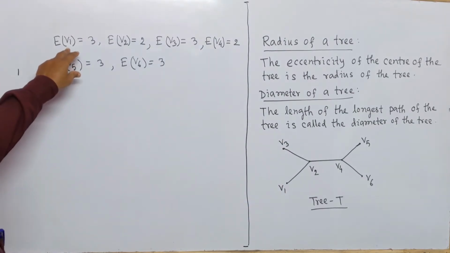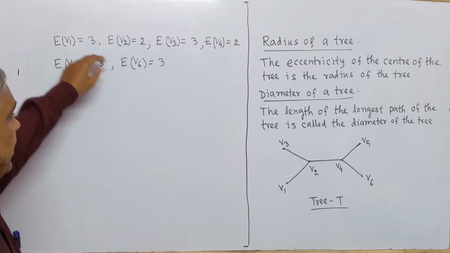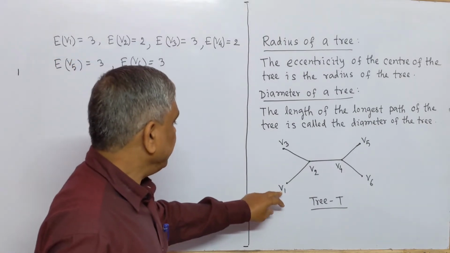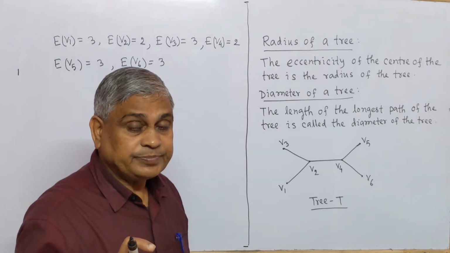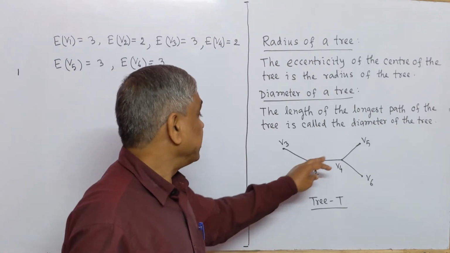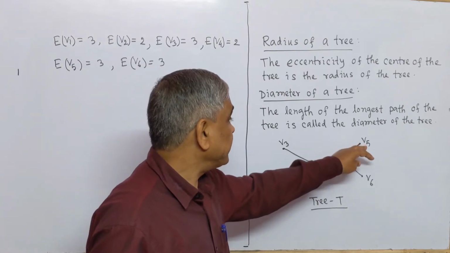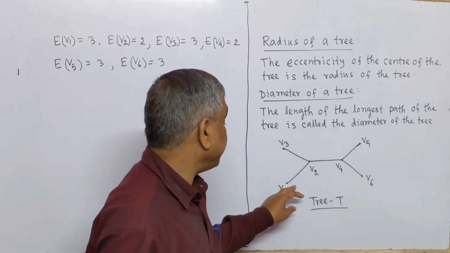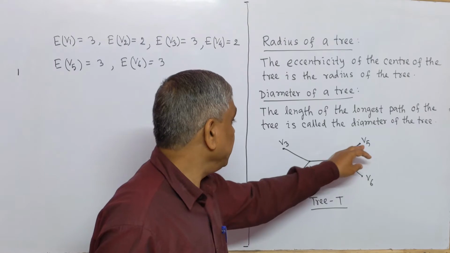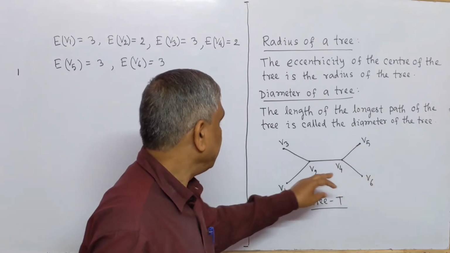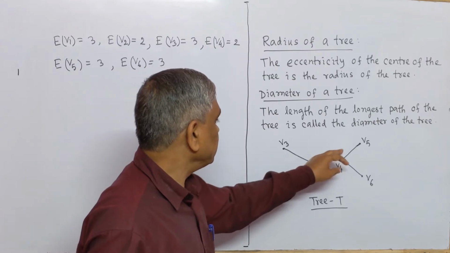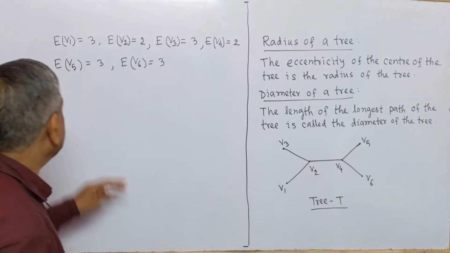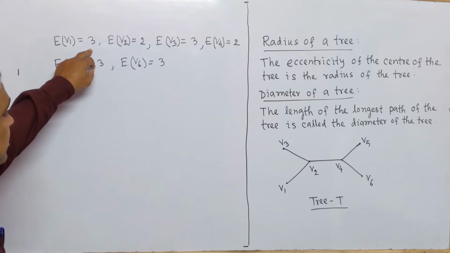Eccentricity of V1 equal to 3, as here V1 be the vertex, the length of the shortest path of the farthest vertex. Let farthest vertex from V1 be V5 and V6. And here we get edge 1, 2, 3 edges. So eccentricity of V1 is 3.